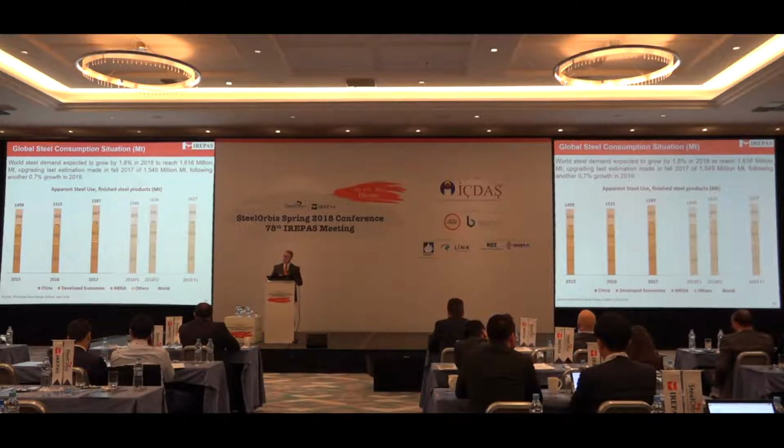Well, this is the pattern of the forecast that World Steel has done during the last, let's say, 2 years, giving a forecast of a slight decrease in the Chinese consumption for the next year, and each time that it upgrades or modifies its forecast in a new report, they maintain the consumption of China, and they delay for the next year the expected slowdown in the Chinese consumption. So let's see if next time the same happens.